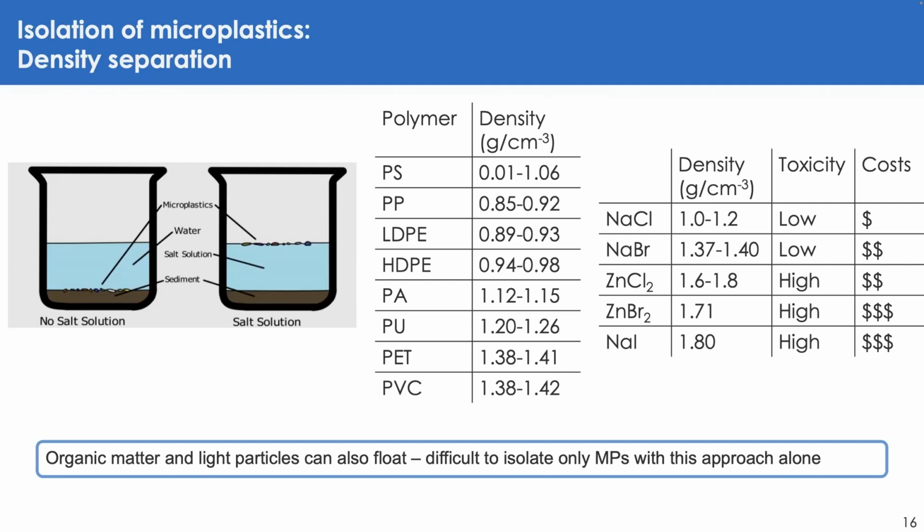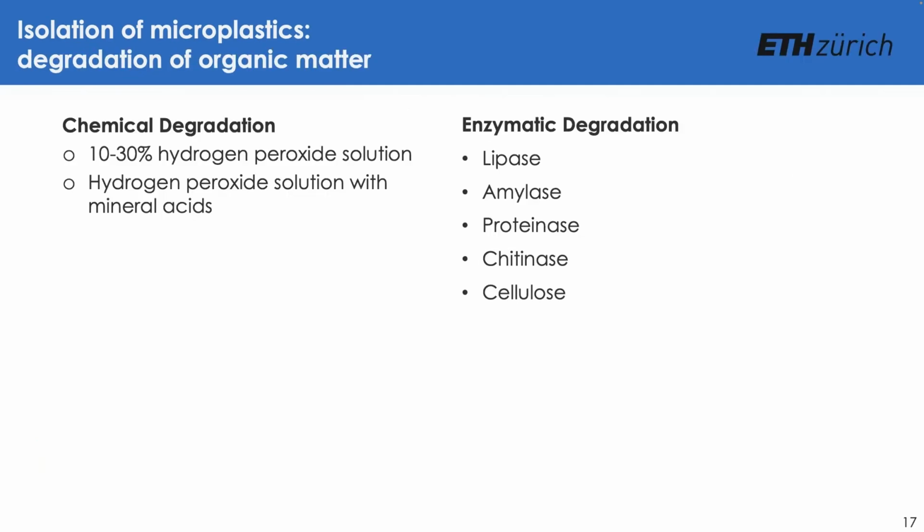So when we think about trying to isolate microplastics even further, we may have to do a second step to degrade the organic matter. So there's two typical approaches which are used in the field today. One's chemical degradation, so using something like hydrogen peroxide to be able to degrade this organic matter, or different types of enzymatic digestions to more softly degrade this organic matter.